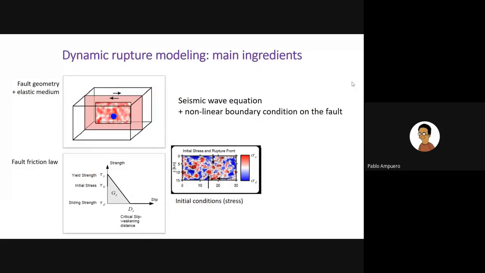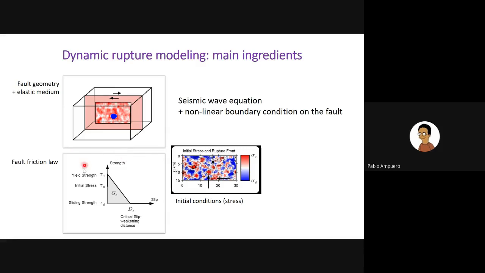Here are the basic ingredients of dynamic rupture simulation. We need to assume basically three things. One is the fault geometry, and this is a very basic example of a planar vertical fault. We also need to make some assumptions about the properties of the surrounding medium, and very often it is assumed to be elastic, and we do have some constraints on the elastic properties of the crust that we can use for the simulations.